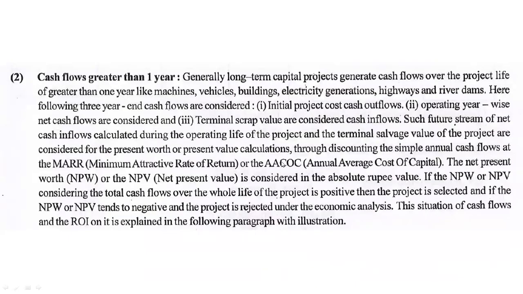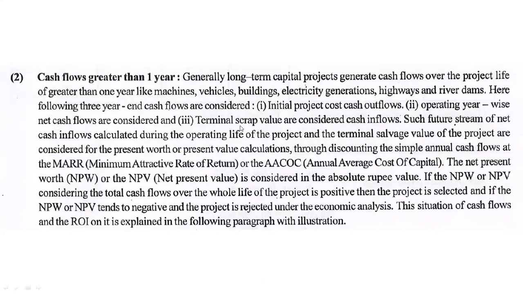Then if we have to calculate ROI for more than 1 year, at that time we have to consider 3 points. First one is the initial project cost, the cash outflow. Second, operating year-wise net cash flow is considered.